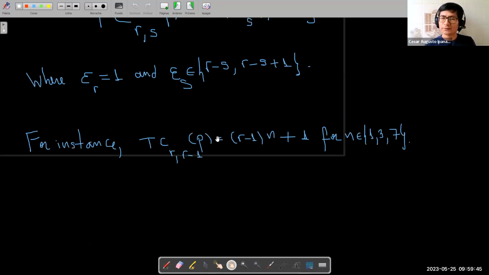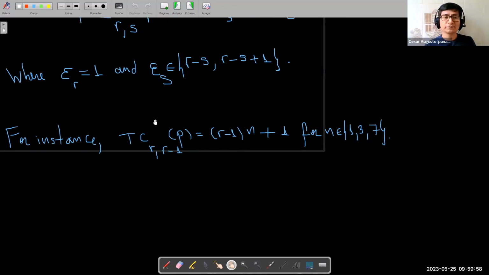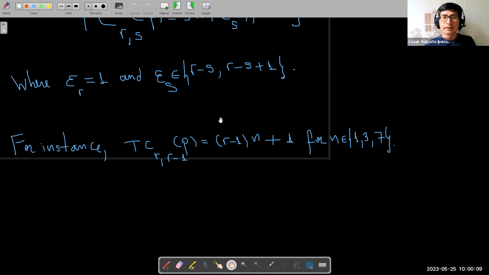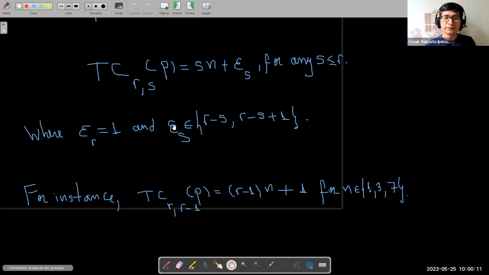Using the previous result that this TC coincides with the category and the higher topological complexity of the space, we can show this TC is equal to this. We don't know at the moment that epsilon s, for s less than r, is equal to this.